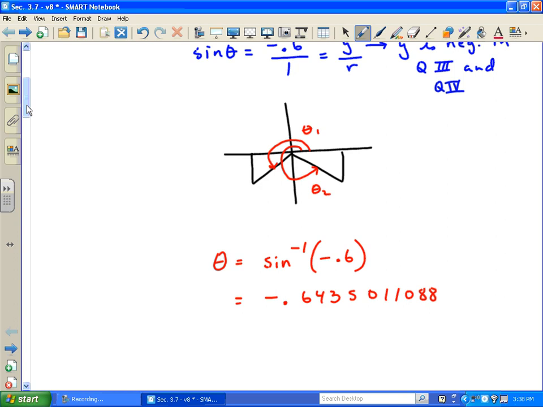Okay, so what in the world would we do with the negative 0.64350110088 then? What we do with this number is we treat it like a reference angle. In other words, that particular value is actually the reference angle for the answer that's in quadrant 4.